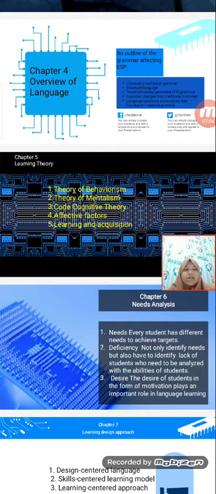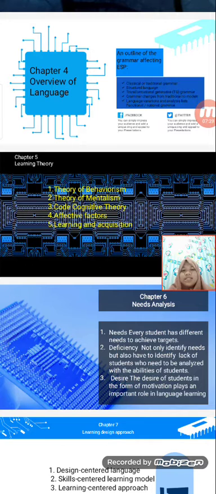Okay, next I will explain chapter 6, needs analysis. Target needs and learning needs are what students need to do in learning. The first is need. Every student has different needs to achieve the target.